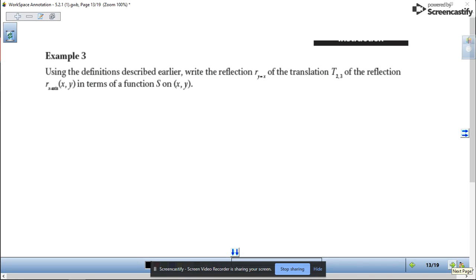So the next one: using the definitions described earlier, write the reflection over y = x of the translation (2, 3) of the reflection over the x-axis of (x, y) in terms of the function s of (x, y).